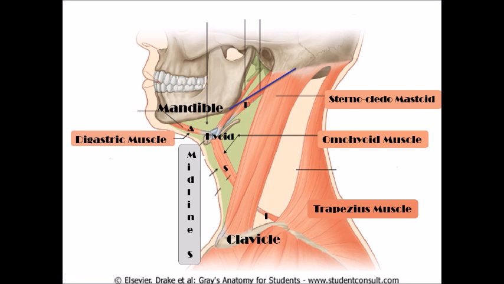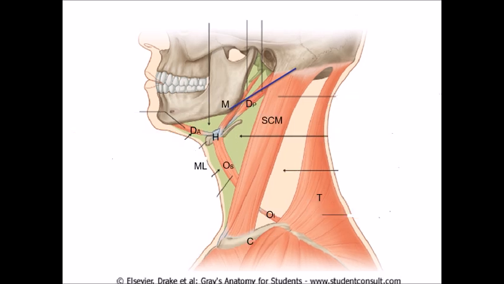And if you remember these, inshallah you can write the boundaries of any triangle. I have put these same names in a simplified fashion. The two lines are the midline structures in the front, and the imaginary line drawn from the angle of the mandible up to the mastoid process. Three bones: the mandible, the hyoid bone, and the clavicle.